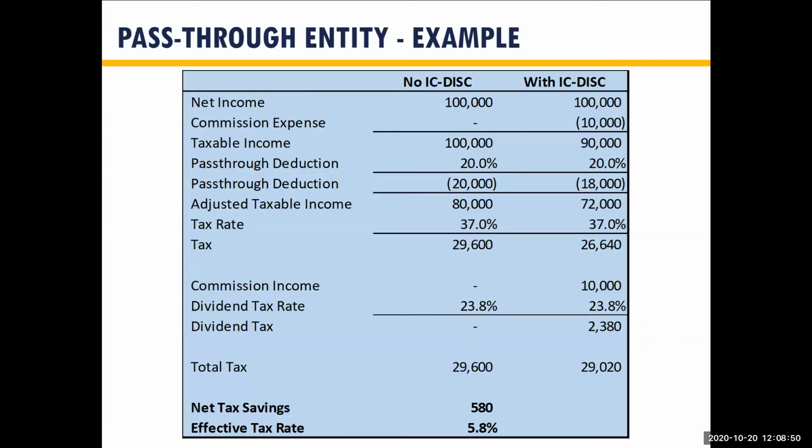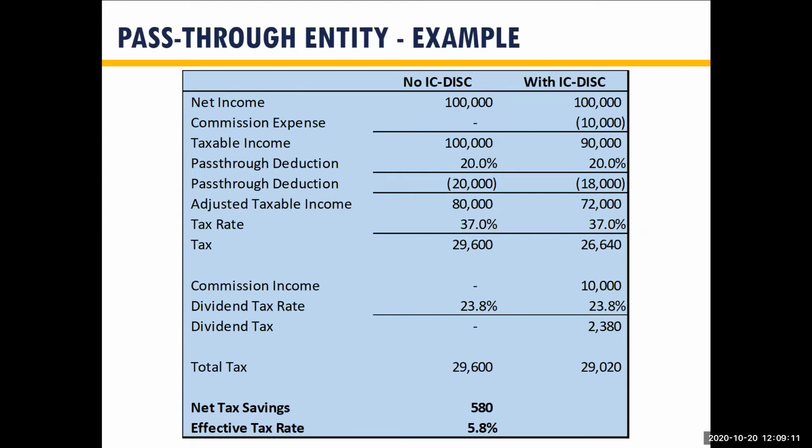So to put some numbers to this example, let's see how we get that savings benefit with the IC-DISC in our structure. In the left column, we have no IC-DISC in our structure. Let's say we have $100,000 of net income.